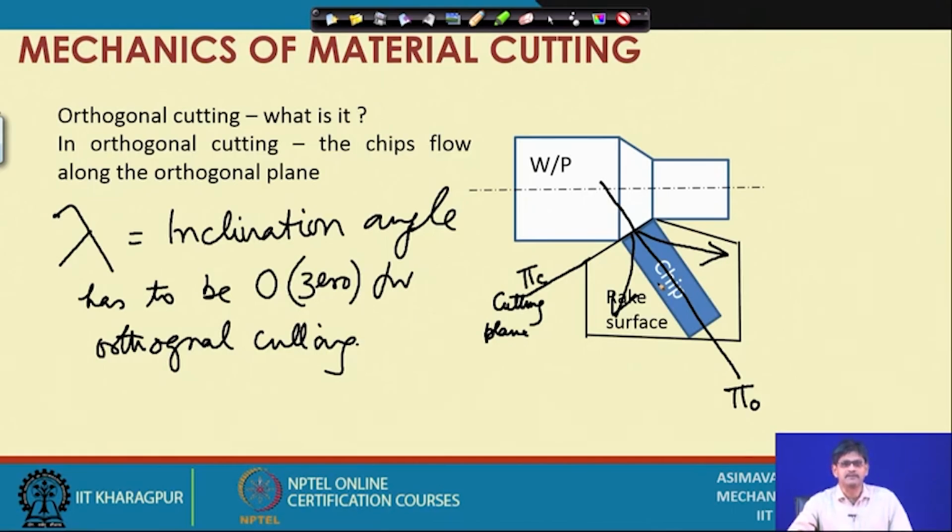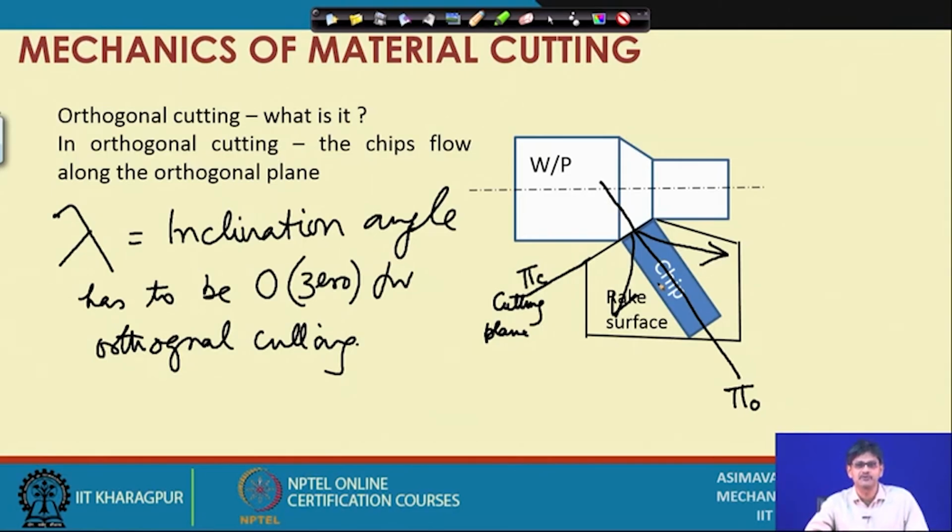Orthogonal cutting is an occurrence when the forces can be considered to be contained in a two-dimensional plane, and it is easy for us to visualize the situation and make force analysis. So, let us come back here. We understand in orthogonal cutting, talking in mathematical terms, the forces will be contained in the orthogonal plane.